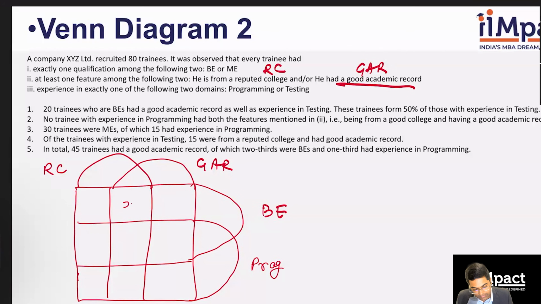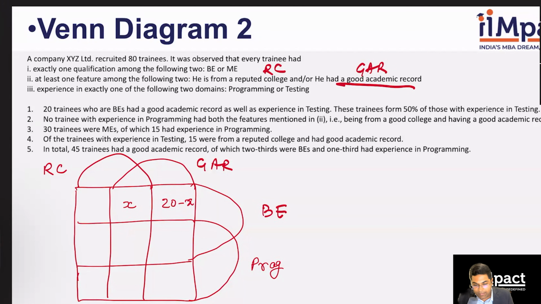So let's say this is X, this becomes 20 minus X. Correct? These are the two cells which are being talked about. BE, 20 people, testing experience, and a good academic record. Correct? But I have not been told anything about the reputed college part. Hence, I have to take both of those cells. Cool. These trainees form 50% of those with experience in testing.